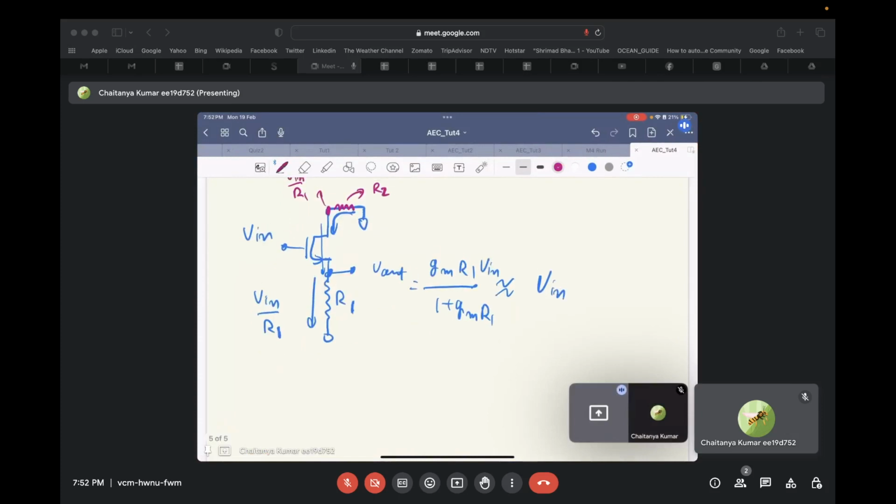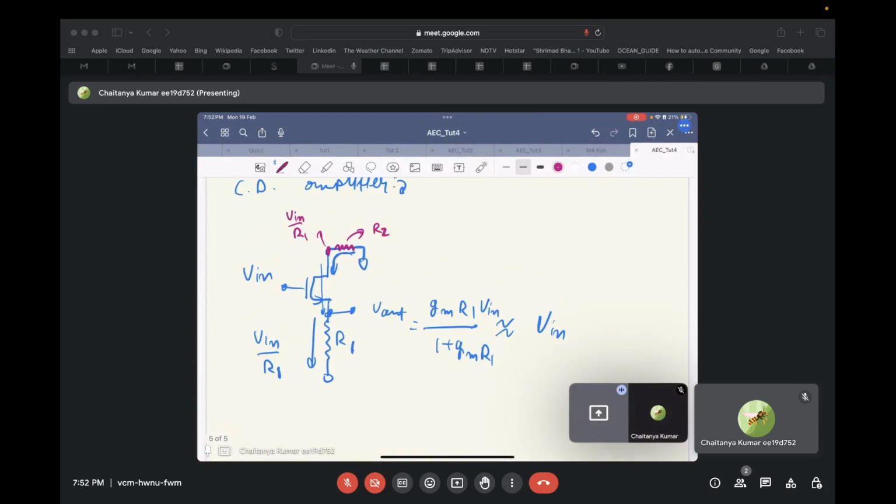The current that is Vin by R1 multiplied by the resistance. So we get a voltage drop of Vin by R1 times R2 across this resistance R2. There is 0 on one side, so the voltage at the drain node will be minus Vin R2 by R1.